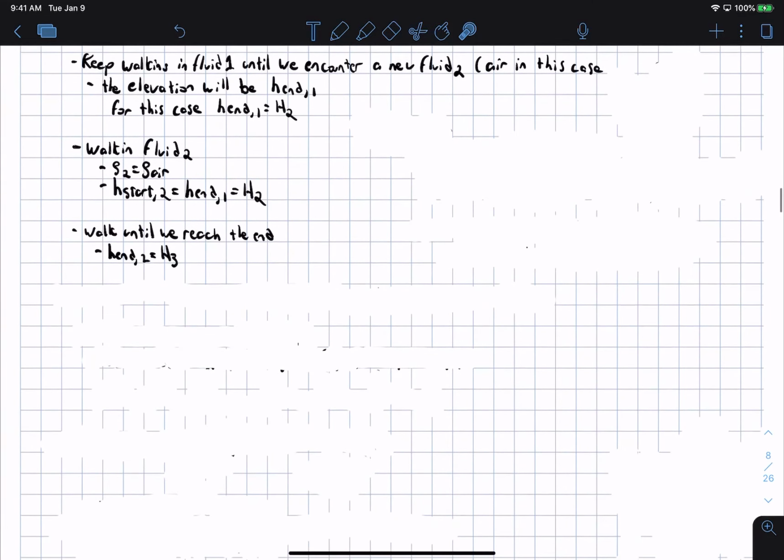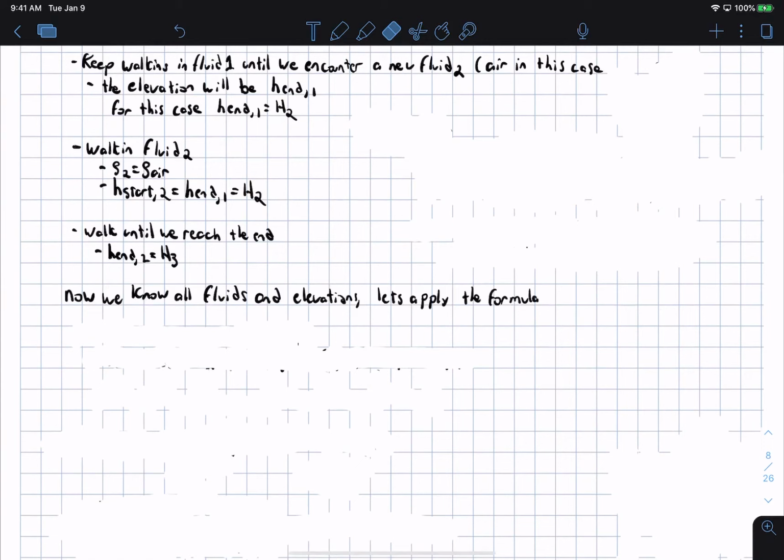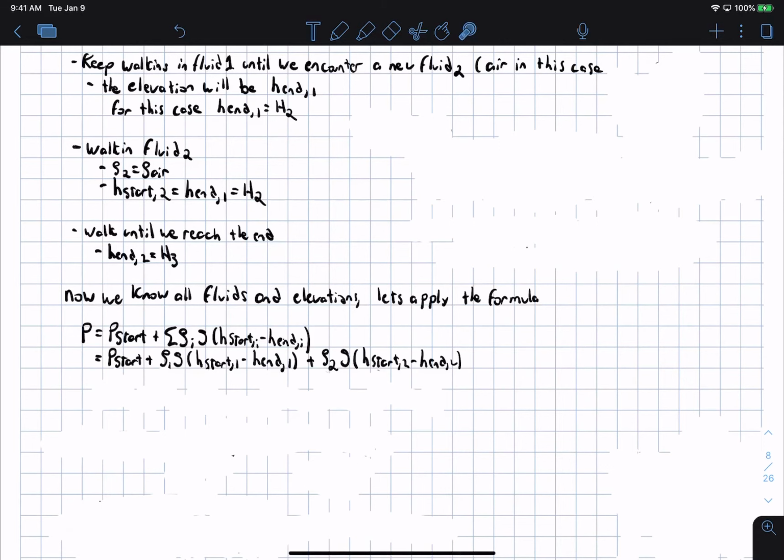Now we know all the fluids and the elevations, and so we can just apply the formula that P is equal to P start plus the sum of all the densities in our different regions times the change in the elevation for each fluid.